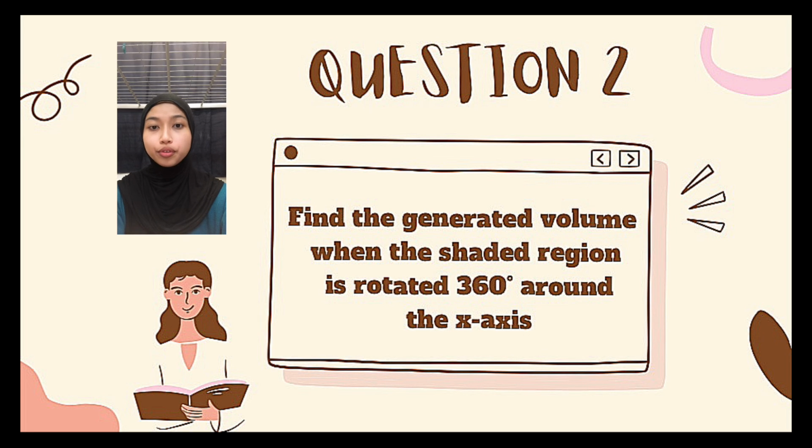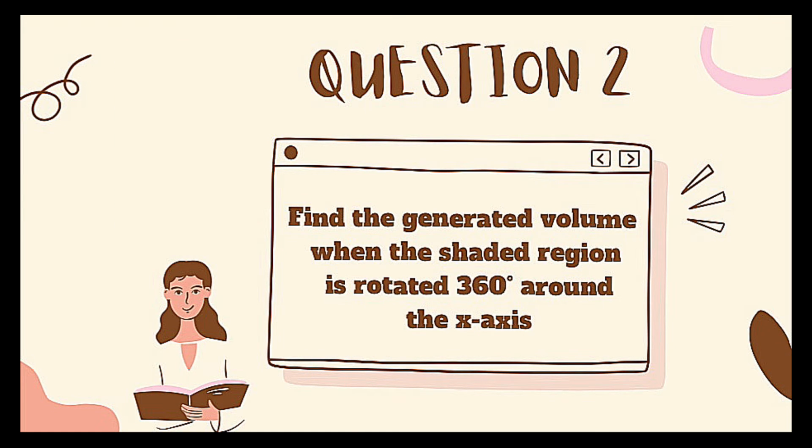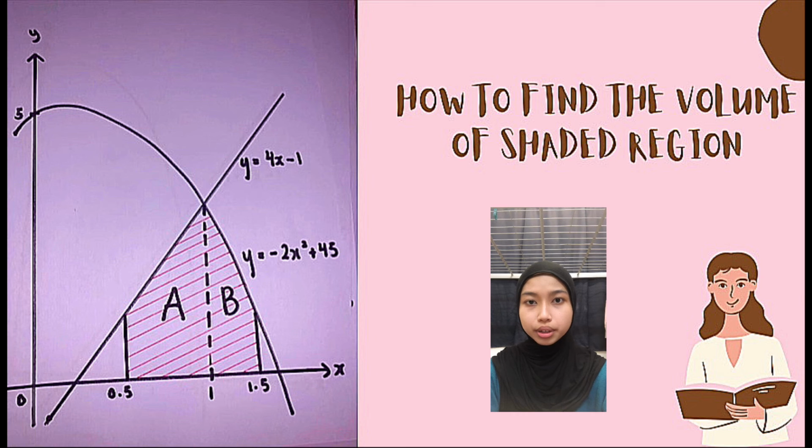Question 2. Find the generated volume when the shaded region is rotated 360 degrees around the x-axis. From the graph, we need to divide the shaded region into A and B to get the volume.